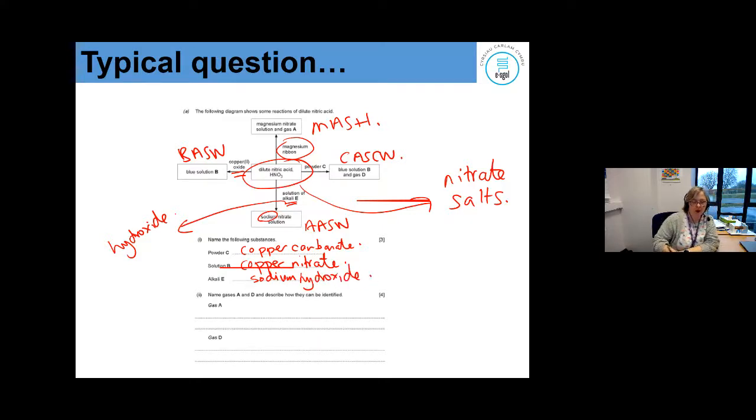Okay, so gas A we decided was MASH, so that is going to be H2. And if I just quickly pop down, it goes pop. And gas D was the CASCU, so CO2, and that is milky lime water.